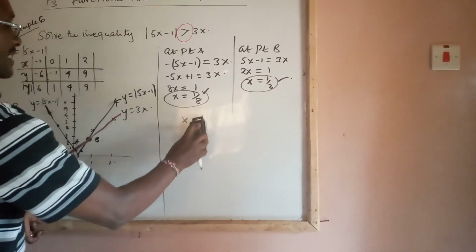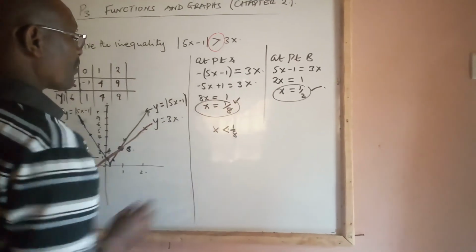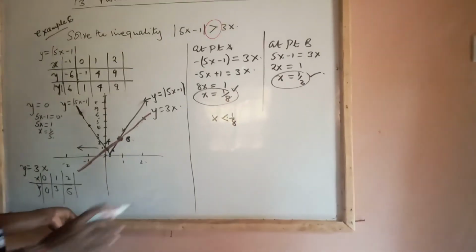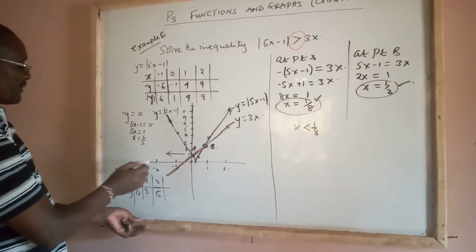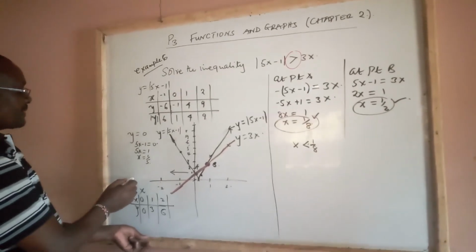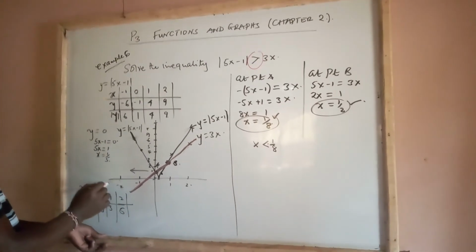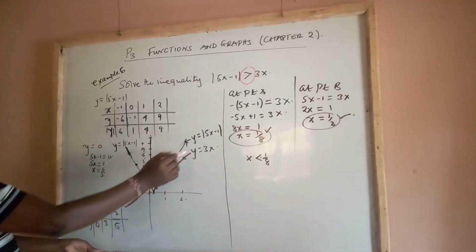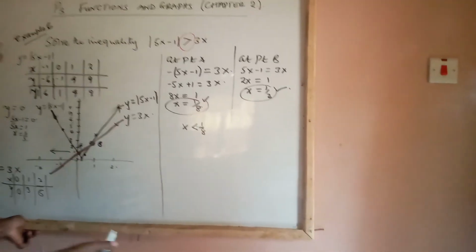For this to make sense, x is supposed to be less than 1 over 8, because we could even take minus 2, or minus 5. We expect the modulus part to be a very big positive number, and the value of y in the linear graph to be a very big negative number, so it still makes a lot of sense.